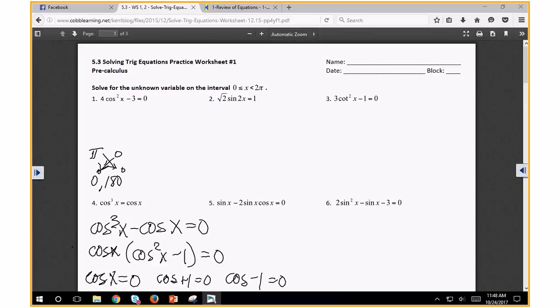One's in the first quadrant, the other one's in the first and the second quadrant, and this one right here is in the second and the third. I'm not really worried about this right now. Let's not worry about that right now. I just want you to see the transition. Try this one. Try number 5.